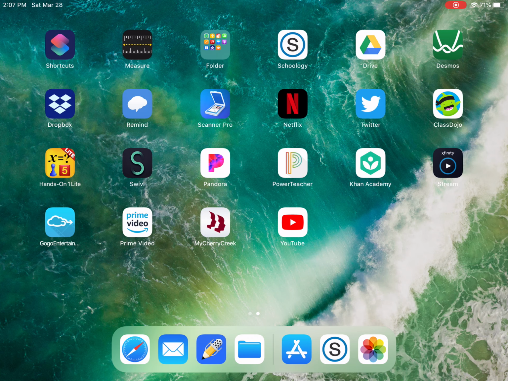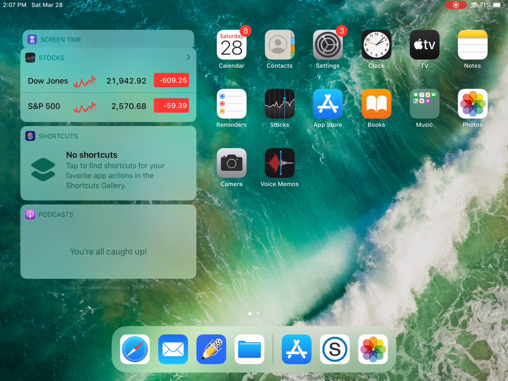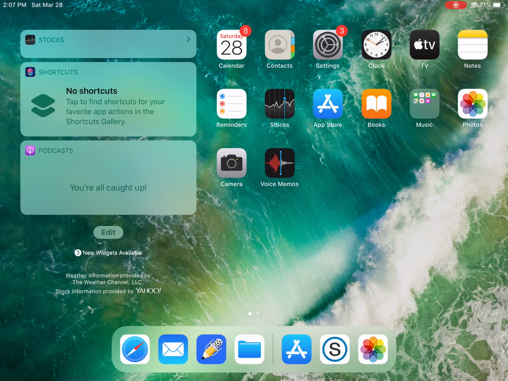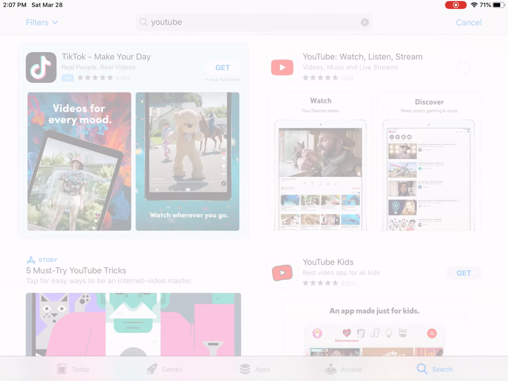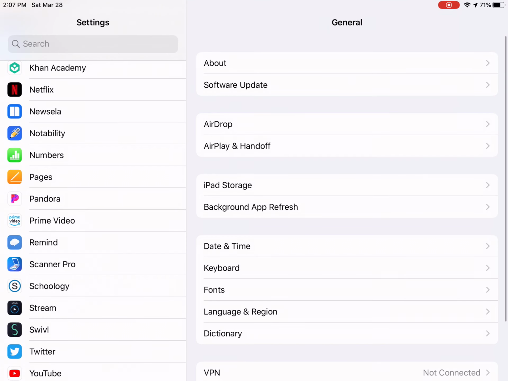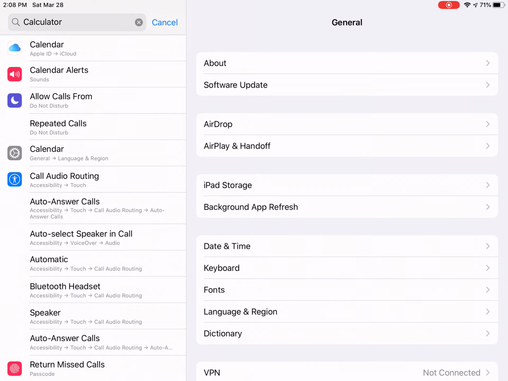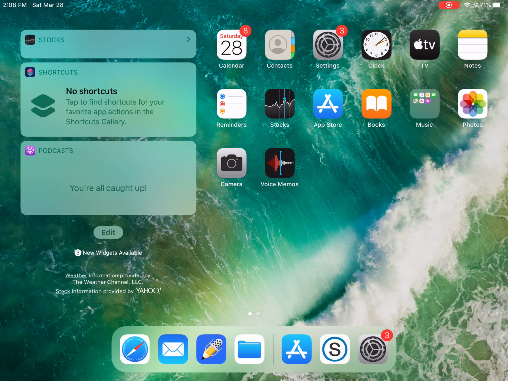How does one not have a calculator on an iPad? It's very interesting. No calculator. Actually, let's look for a calculator. Seriously, there's no calculator on an iPad? Alrighty. So, that's okay.